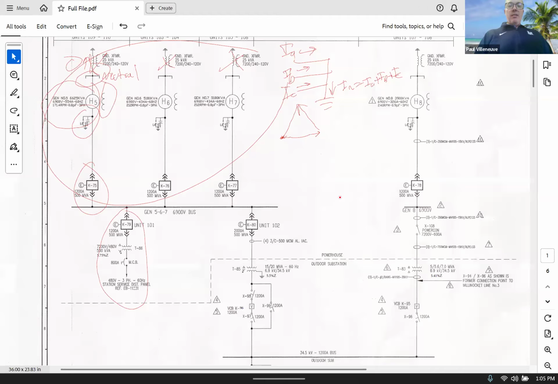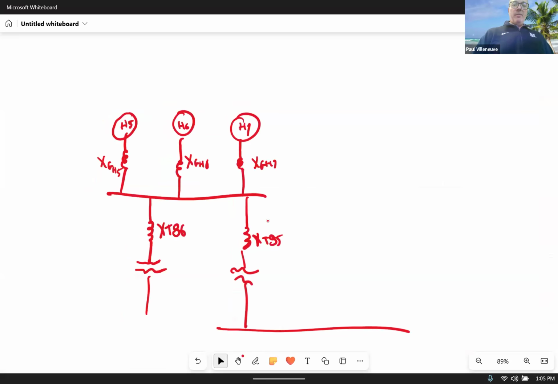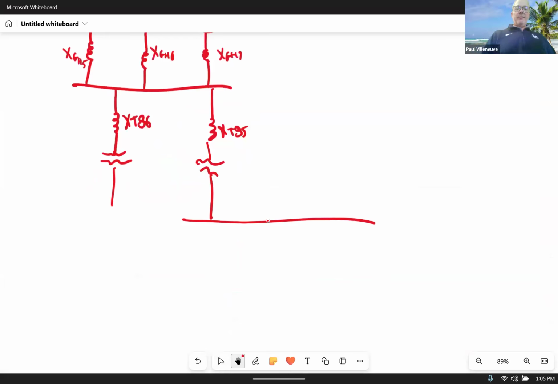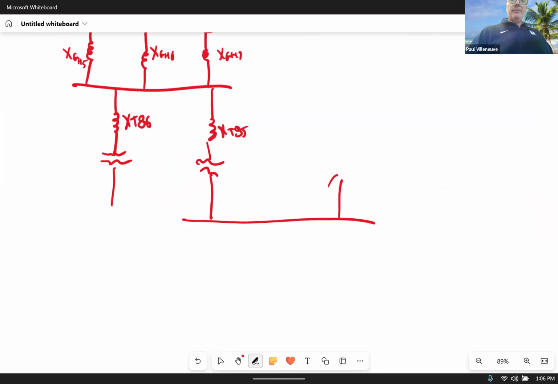All right, now we're on to this bus. So I got a 35 kV bus. So we'll draw that over here, move up a little bit. And that's our bus. On the other side of the bus is another transformer, T83.